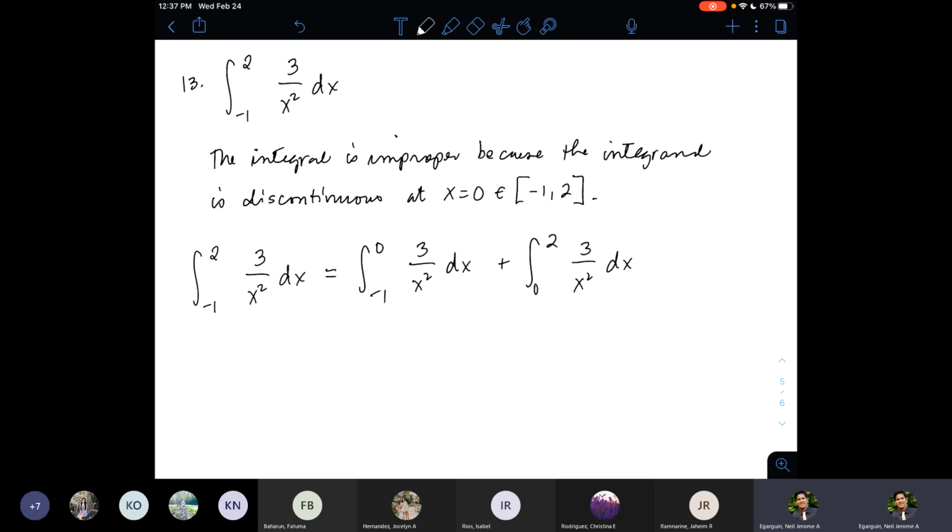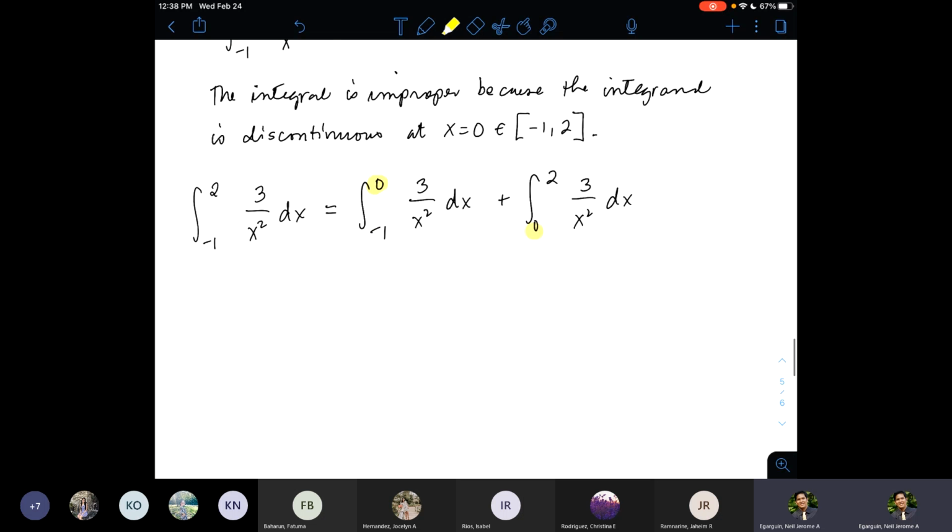We rely on exchanging one of the limits to a new variable and take the limit of that variable as x approaches the cause of discontinuity, right? So we want the cause of discontinuity to be one of the bounds. And that's the reason why I want 0 to be either a lower or an upper bound. But since 0 is inside the interval, that required me to have two integrals here with 0 as a boundary.